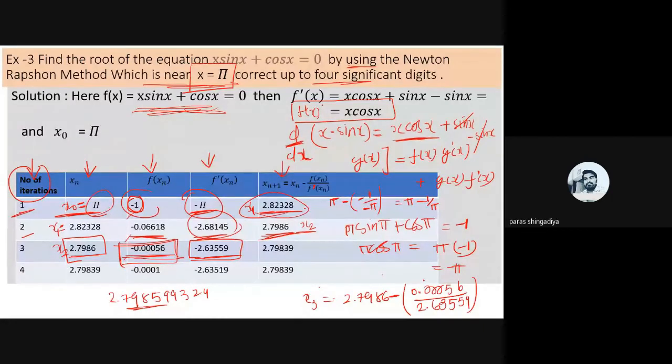Yes, what is the answer of x3? Janice, what is the answer? How many digits you got after the decimal?